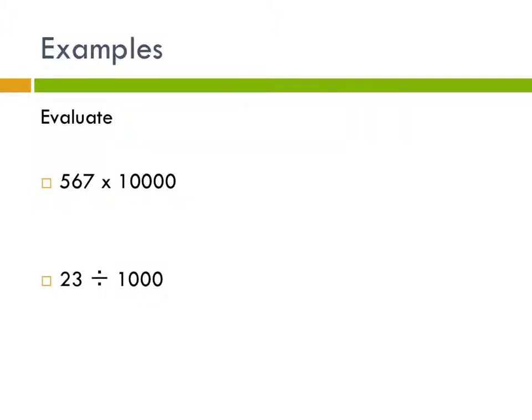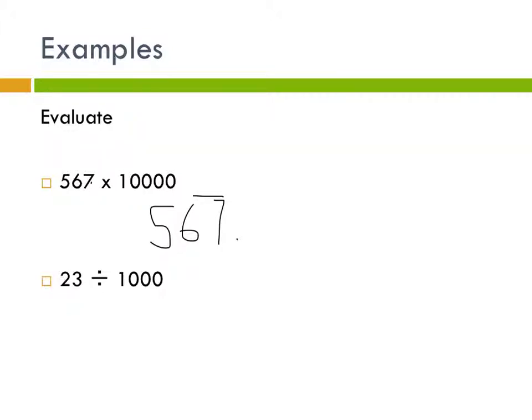Remember at the start I said not all numbers actually show the decimal point, even though they always have one. They're usually whole numbers or integers. So let's have a look at this number here. 567 doesn't appear to have a decimal point, but it actually does. The decimal point comes after the 7. So 5, 6, 7 point.